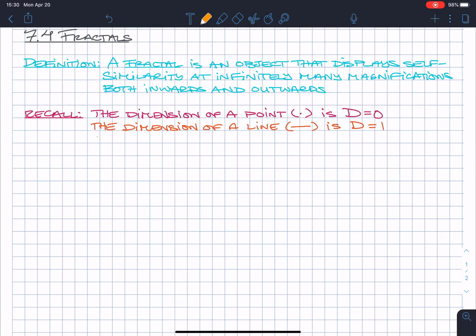Now let's go into dimension 2. That's a plane, like a piece of paper. The dimension of a plane is d equals 2, because I have 2 directions I can move in.